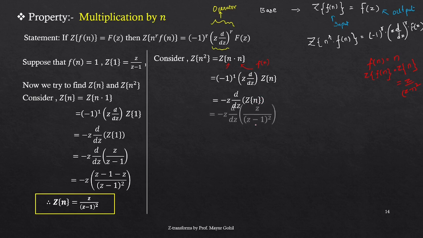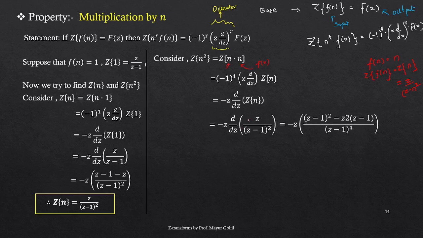So the z transform of n is z over z minus 1 the whole square. I now take the derivative. While taking the derivative, I get this expansion. We again use the same u by v formula. So I'll just write here the u by v derivative formula.